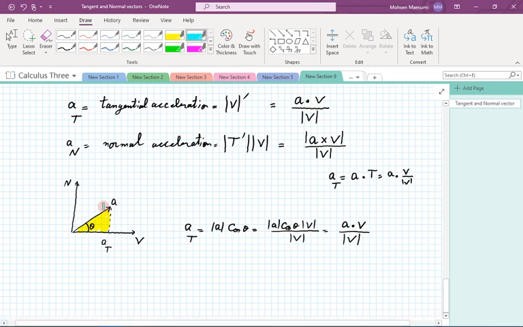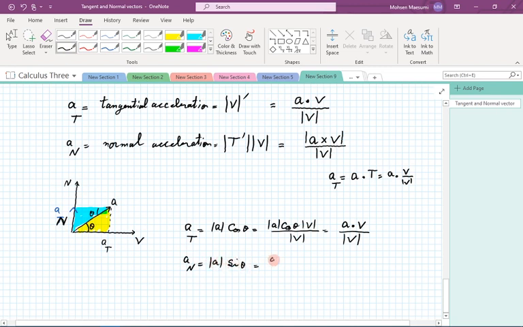Now let's go ahead, look at this other triangle here, and this component, let's call it A sub N. Well, how do you calculate A sub N? This angle is still theta. A sub N is going to be length of A times sine of theta.